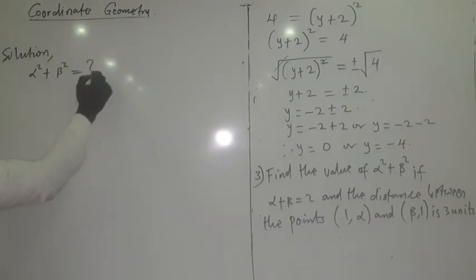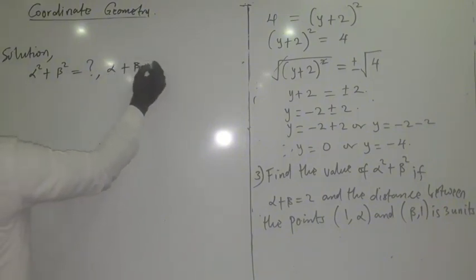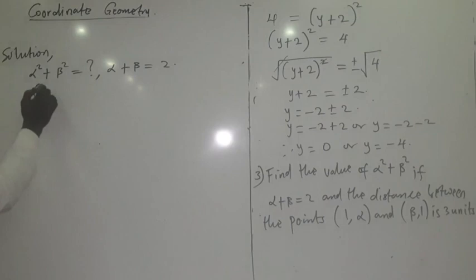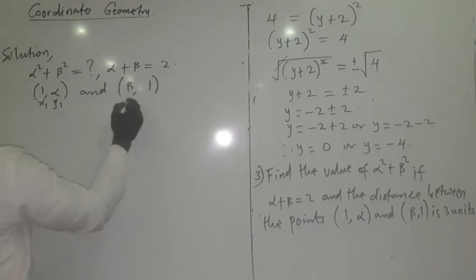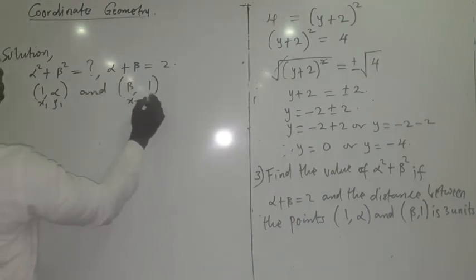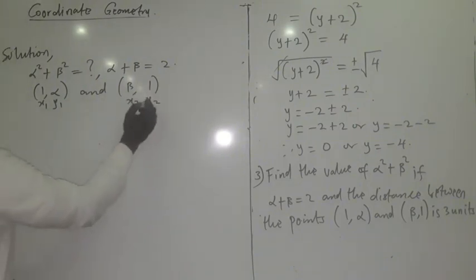Then we're given alpha plus beta equals 2. Then we are given the point (1, alpha), which is our x1, y1, and (beta, 1), which is x2, y2. So what is the distance formula?